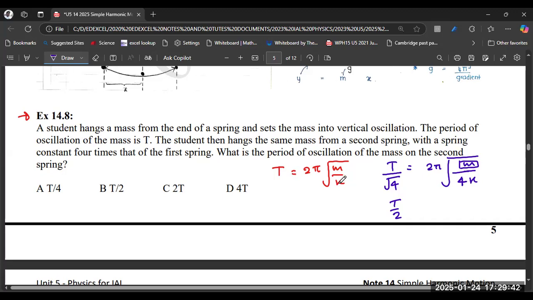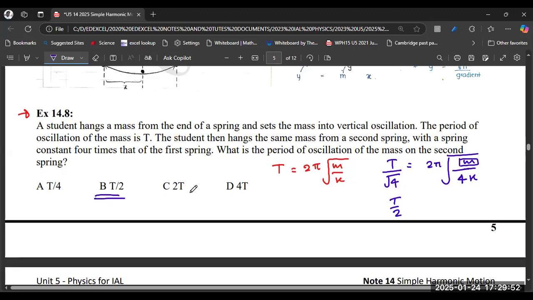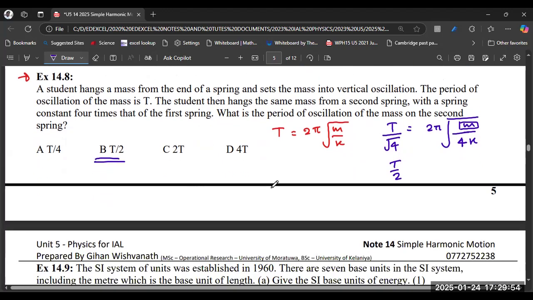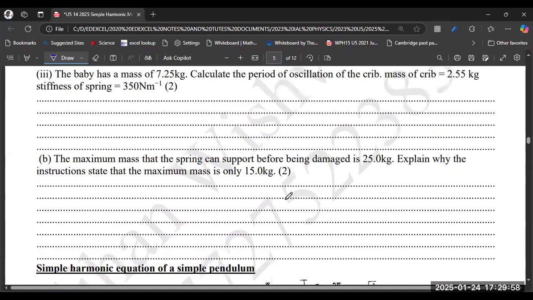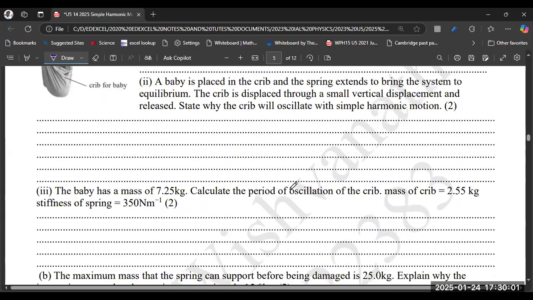So if the spring constant becomes 4 times, time period should become 1 over square root 4 times. That is 1 over 2. Yeah. So then done. Now I'll move on to simple harmonic motion, actually oscillation.